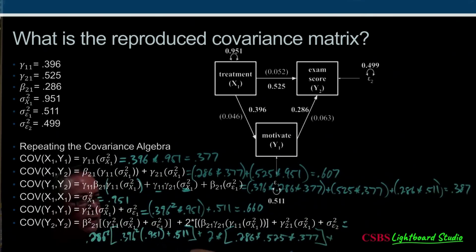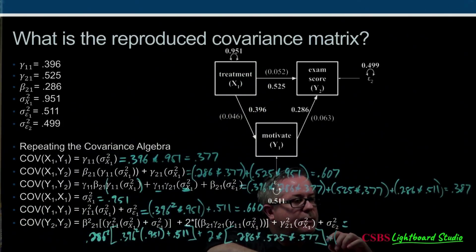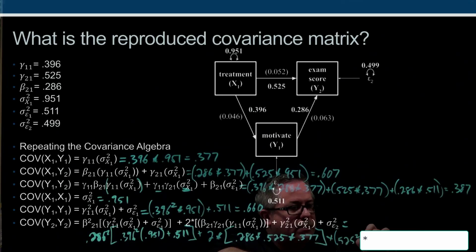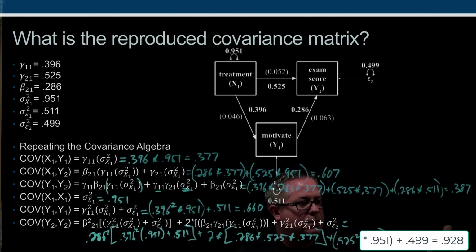Plus gamma 21 squared, which is 0.525 squared times the variance of x1, 0.951, and then plus the variance of e2, which is 0.499, equals what? That sounds correct.